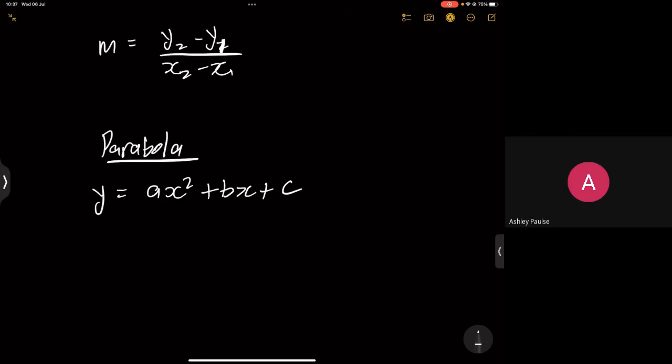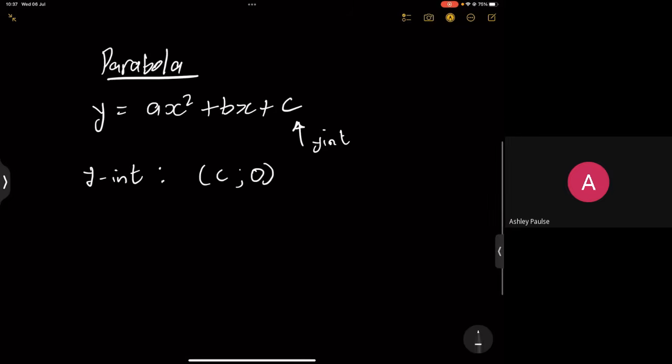Now, the advantage of this is that we can always just simply know what the value of the y-intercept is, where the graph cuts through the y-axis. So this would be c and 0. So this c value here stands for the y-intercept, okay.